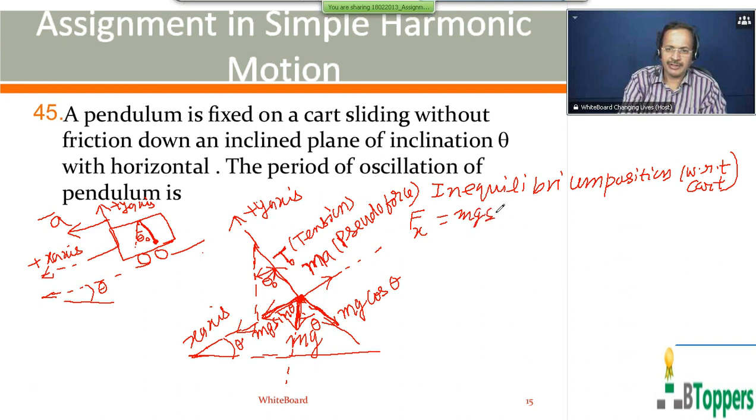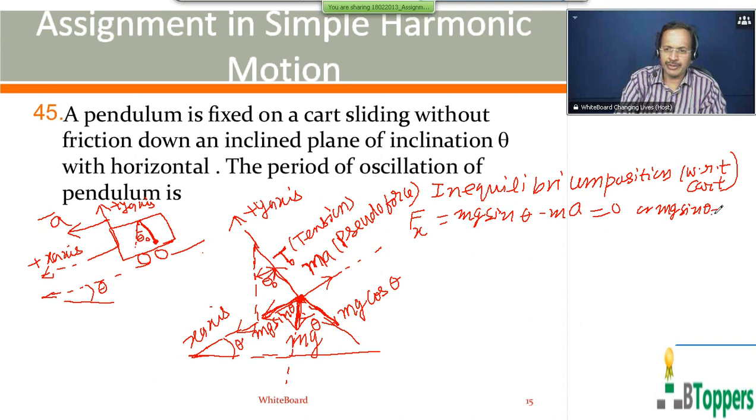So the x component of the resultant force we can write as mg sin theta minus ma, that is 0. Or we can write mg sin theta equals ma.